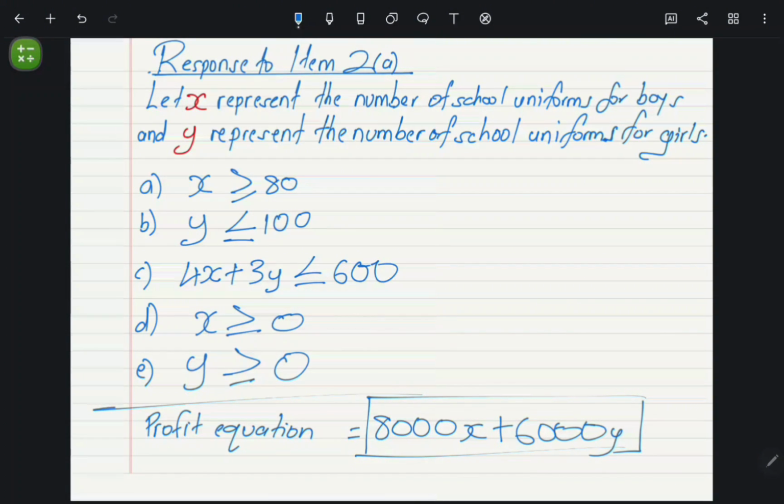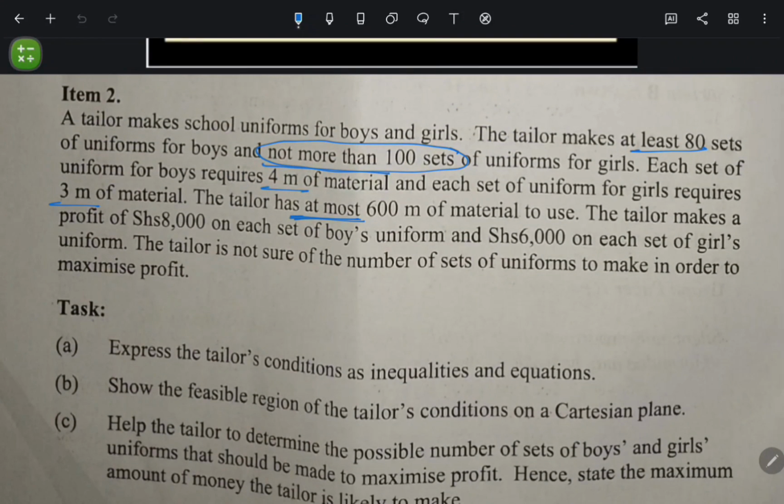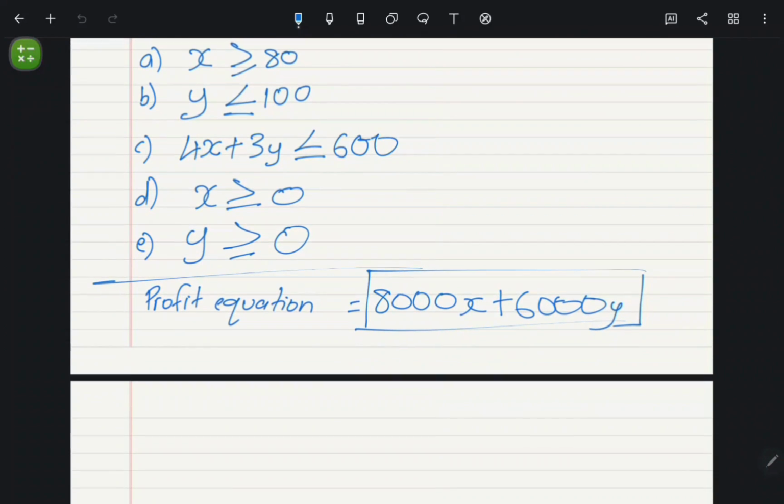So now we have to proceed to part B, and we find out what part B was requiring us to do. And our part B here was telling us to show the feasible region of the tailor's conditions on a Cartesian plane. So let us see how we are going to work out that part of the item.